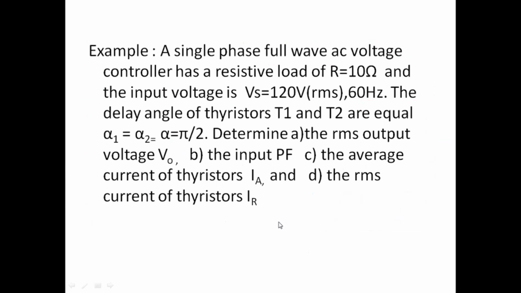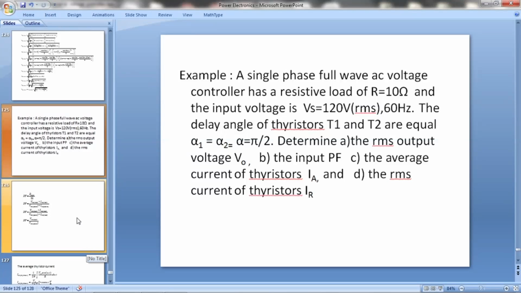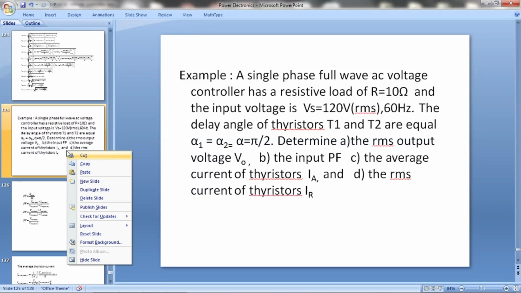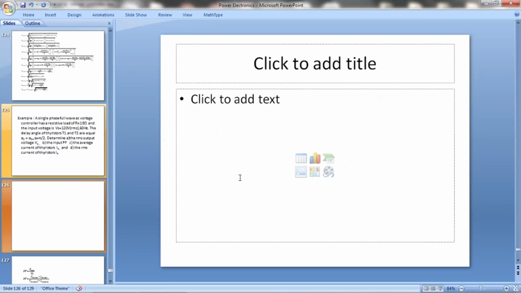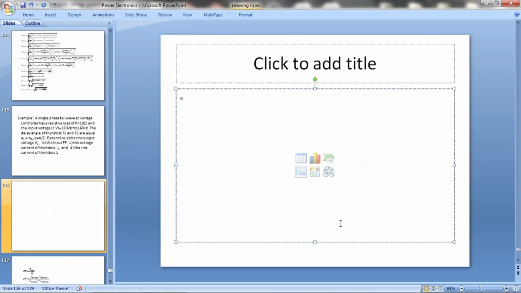What is the formula for V0? So we need to write the formula for the RMS value of the output voltage.